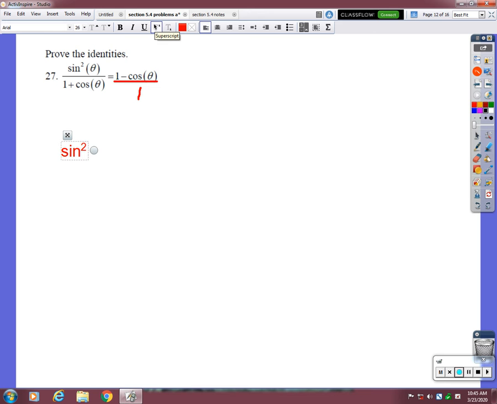I am not going to do a theta, I'm going to just stick with t. And then that's going to equal what I get when I multiply the other way around. So that's 1 plus cosine t times 1 minus cosine t.